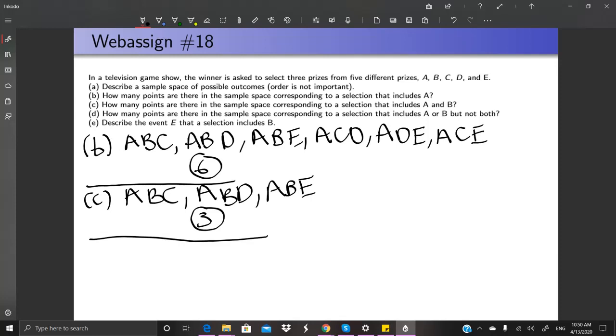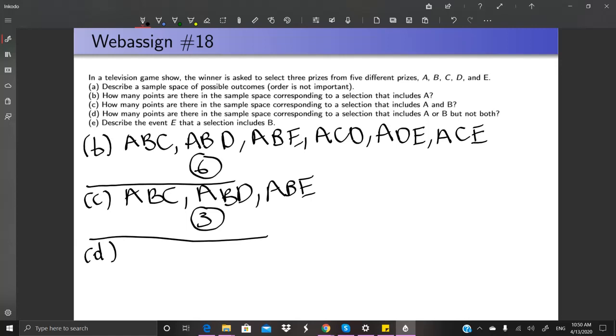All right, part D. How many points are there in the sample space corresponding to a selection that includes A or B but not both? Okay, so now we have to go back to our original list for the sample space, and we're looking for just A or just B, but not A and B. So hopefully you can see that every sample point that we listed in part C is not going to be included in this list, right?